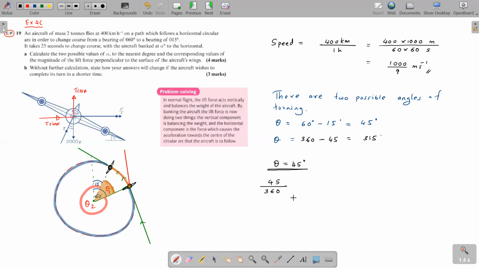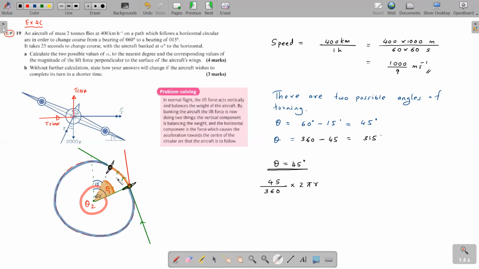You can't use arc length as r theta here because your theta is in degrees. If your theta is in radians, you could have gone for r theta. Because it's in degrees, I'll go with 45 over 360 into 2 pi r. This is basically grade 9 or 10 maths: angle over 360 into 2 pi r. I think all of you agree that it's the distance the plane travels in the circular path.